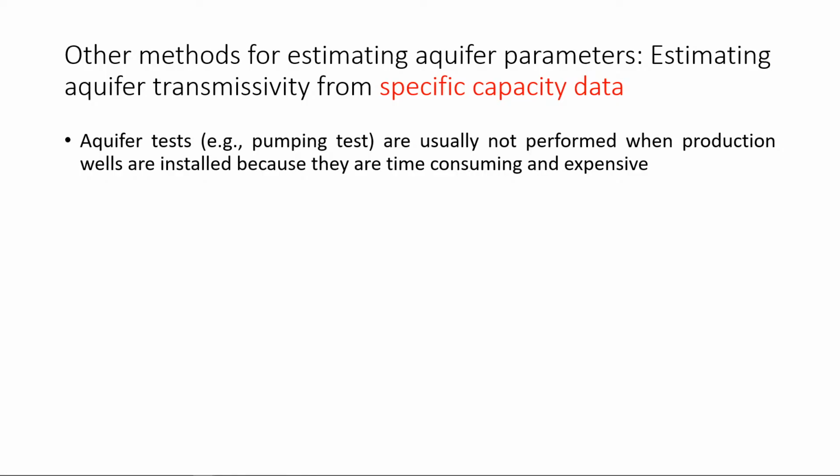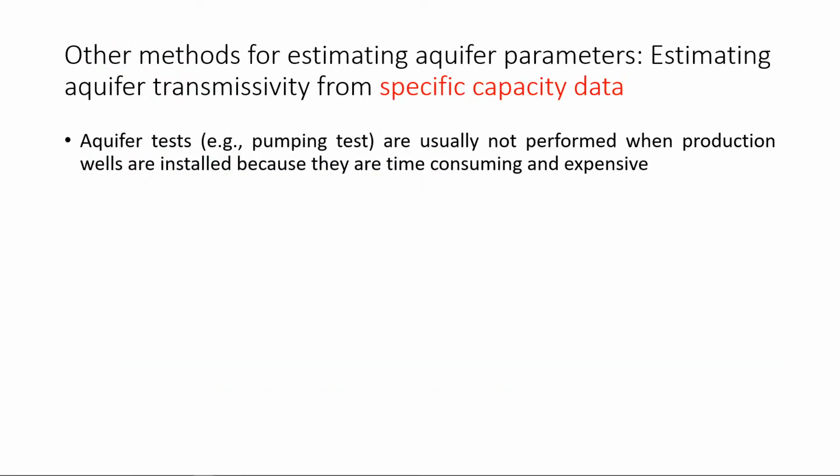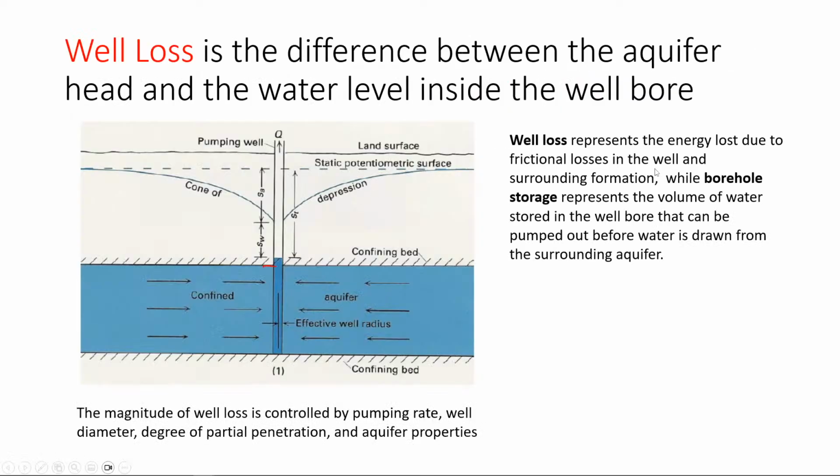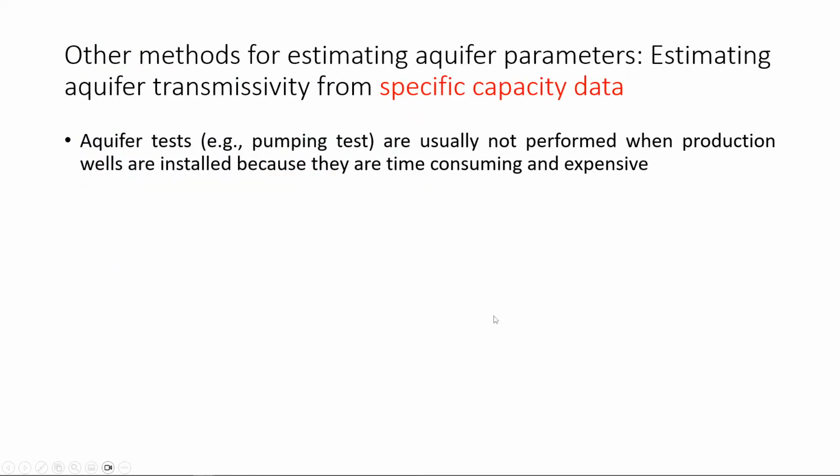Now another thing, so that is basically two considerations that you need to consider when conducting a pumping test. But I also wanted to introduce these concepts, borehole storage, well loss and partially penetrating well, because there are other methods for estimating aquifer parameters.